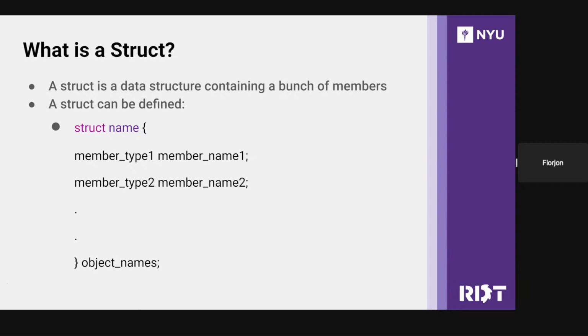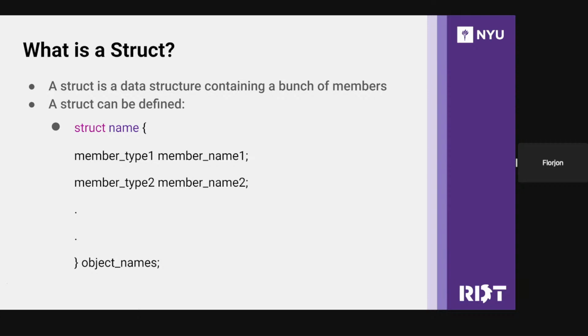Looking at the member types and the member names, a member type could be an integer or just another struct or another type of data structure you're using. It doesn't matter. You'll just have it in, and it's going to be encapsulated in this struct that you're creating.